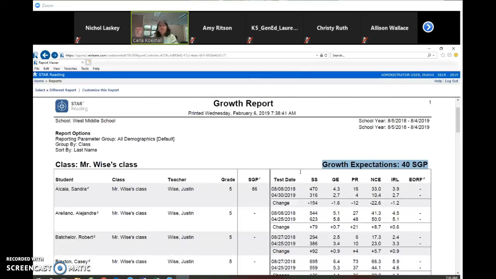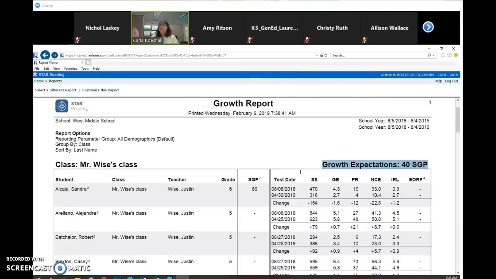This SGP may not be just based on these two scores. It can go back to a previous score as well. So it just depends. And sample data is just people taking tests here at the company, and they fluctuate all over the place. So not a good example of probably what you're going to see.